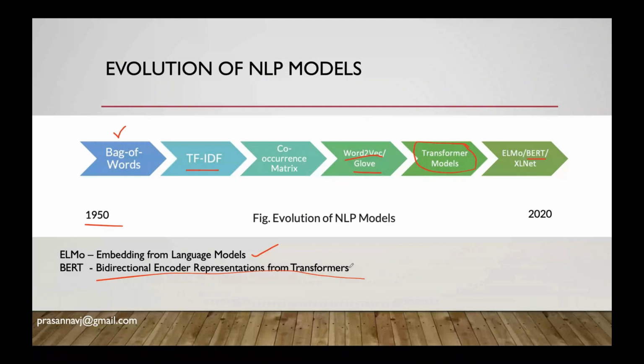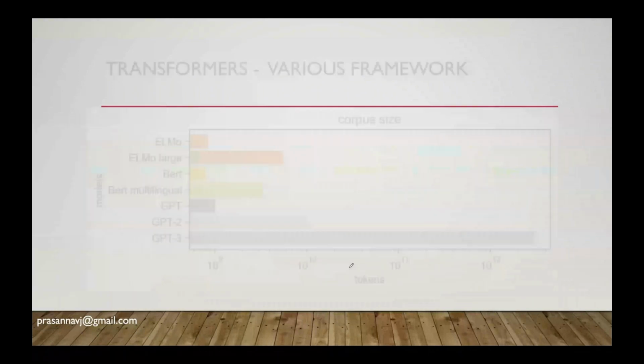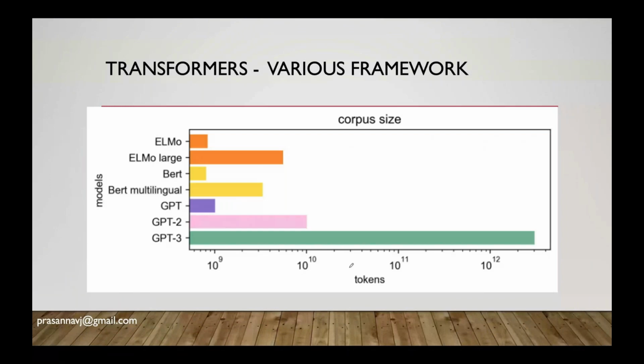Okay, so now let's look at how they have built in the transformer world. There are so many different variances of frameworks or language models that have come up, and these language models enable you to utilize the pre-trained language models for many of your natural language processing tasks.